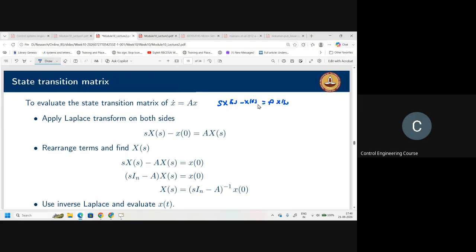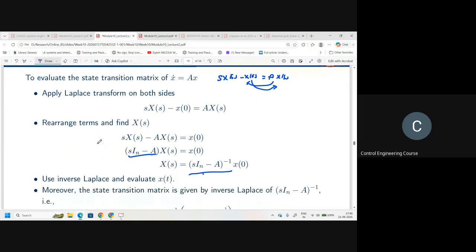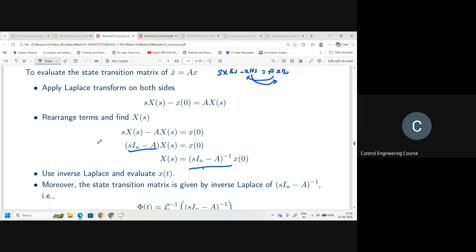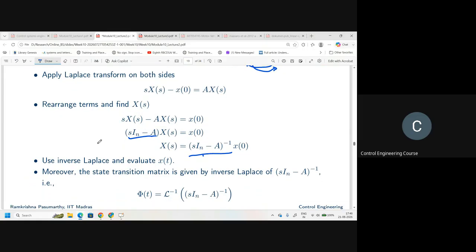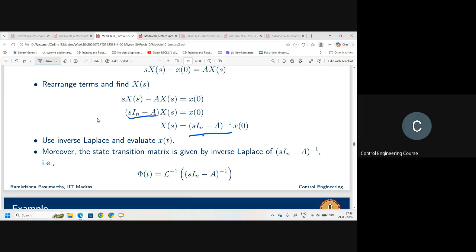Now bring this term over and take X(s) common, then it will be (sI minus A) X(s) equal to x(0), then X(s) equals (sI minus A) inverse x(0). It's simple algebra, but here A and X are matrices, which you should not forget. Then calculate the inverse Laplace transform, and you will get phi of t, which is nothing but your e power At.